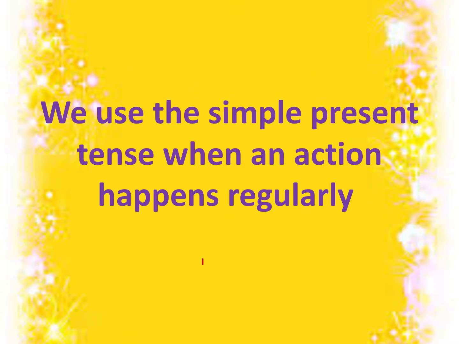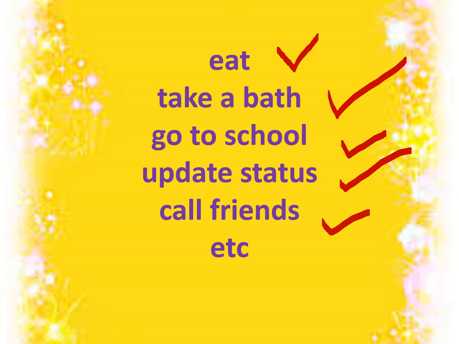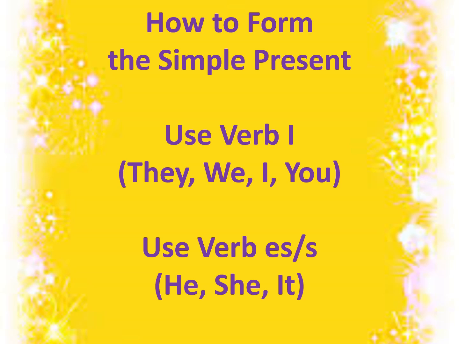We use the simple present tense when an action happens regularly. Here are some samples of the verbs that can be used for present tense. If we use present tense, verbs are always in first form, verb 1. For example, eat, take a bath, go to school, update status, call friends, etc. Now let's learn how to form the simple present.